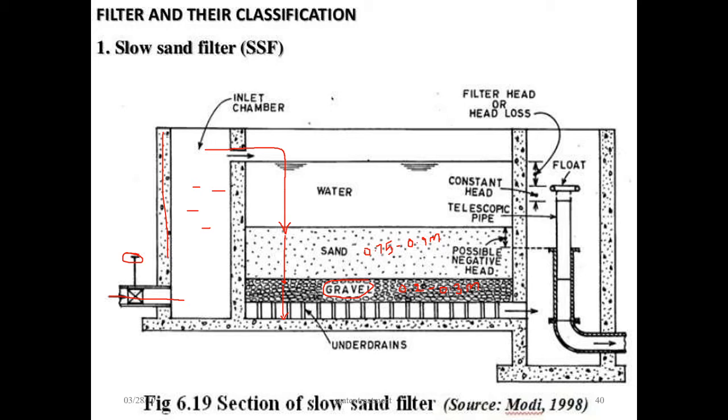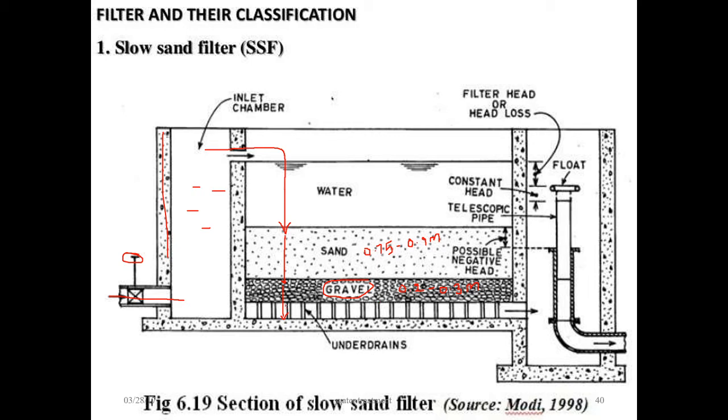The gravel is underlain by a system of open joint under drains which lead the water towards the outlet, where a device is generally located to control the rate of the flow through the filter.